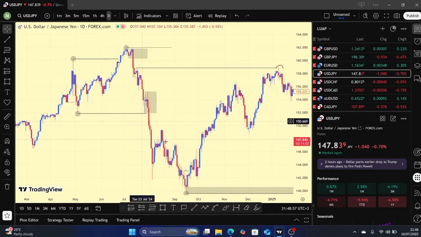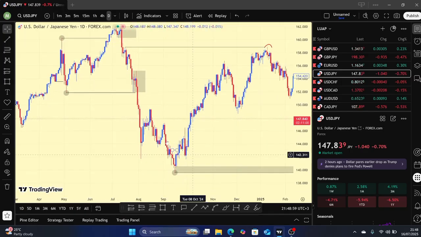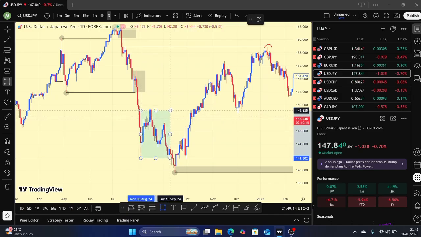So this here is just some additional knowledge. You can see right here, this was the inducement, and this one here is also an order flow. Yeah, this one, starting from that low all the way to that high, that's an order flow, but we can clearly see it's mitigated exactly here with the pullback that created our inducement.